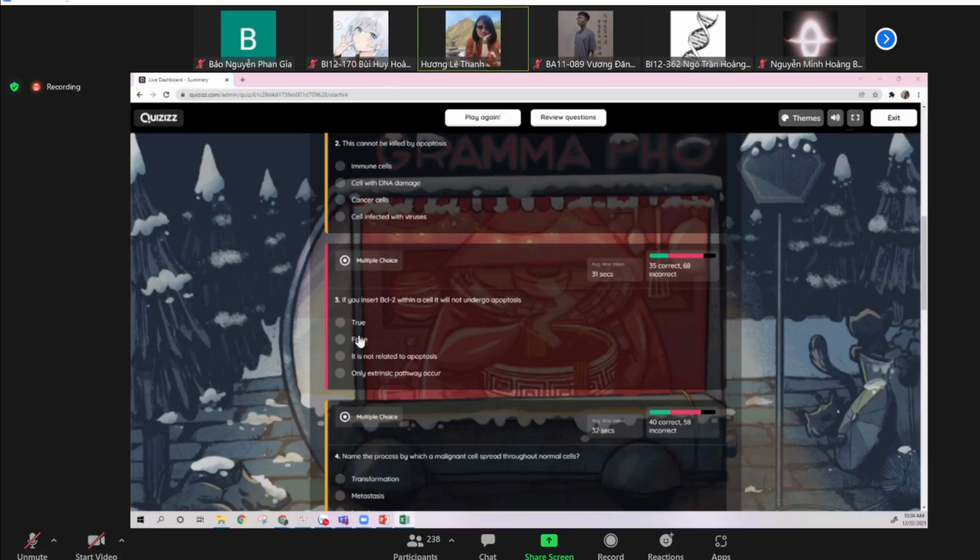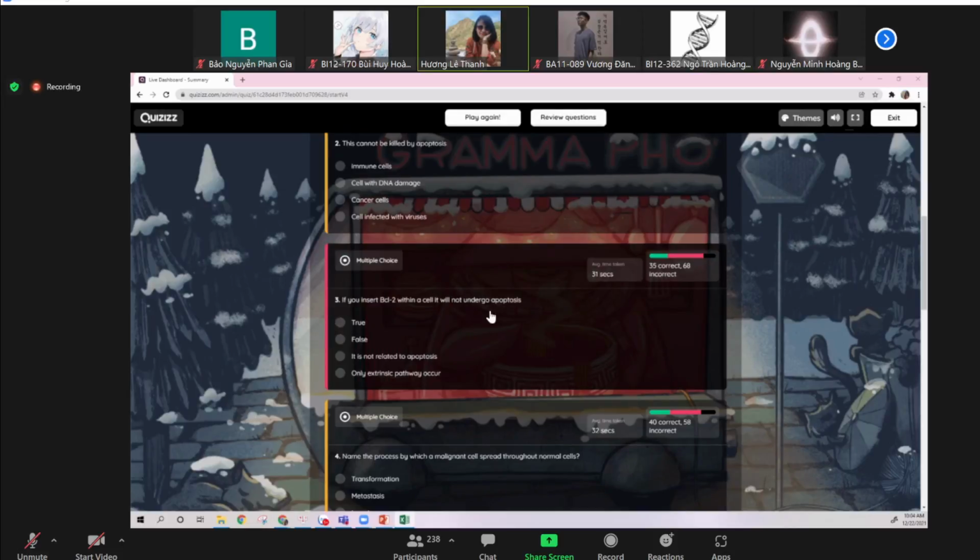So, okay, for this question, remember the BCL proteins. If you see the video clip about apoptosis, you can see very well that the BCL2 proteins will block BAX and BAK. And because BAX and BAK have been blocked, they cannot go to the mitochondrial membranes and cannot change the permeability of the mitochondrial membranes.